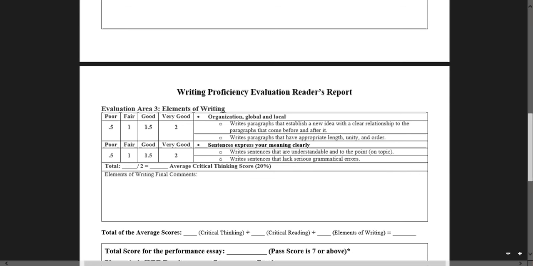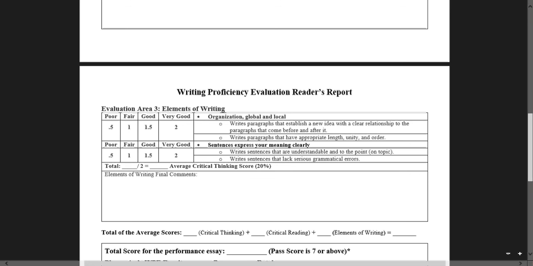And then finally, I know a lot of you are worried about your grammar and that you don't have perfect grammar. But look at this. Only half of the 2 points are about grammatical errors and being clear in your sentences. So let's say it's only 1 point out of 10 that's really grammar.